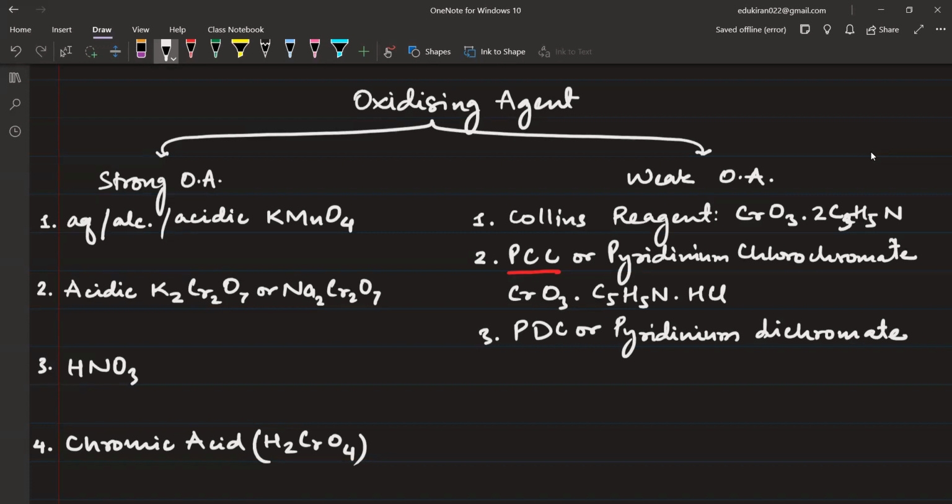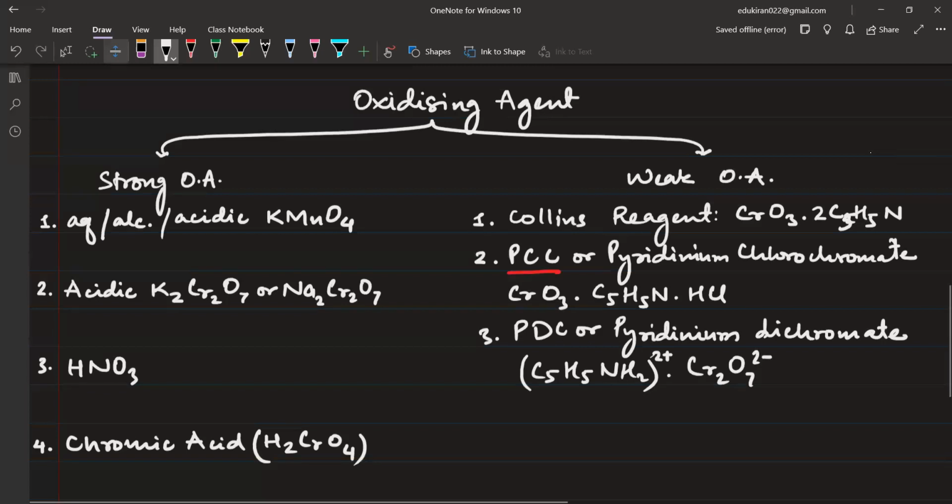Formula is (C5H5NH)2, this will be 2 hydrogens, so 2 positive, dot Cr2O7, 2 negative, and these are balancing each other out. Again, in PDC, you don't have to remember the formula. You just need to remember PDC, that this is weak oxidizing agent.